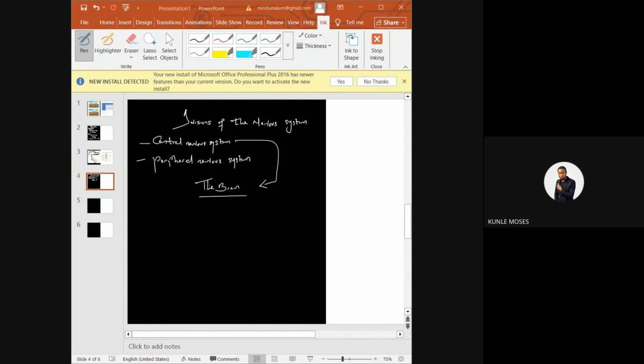The cranial nerves are nerves that originate directly from the brain.